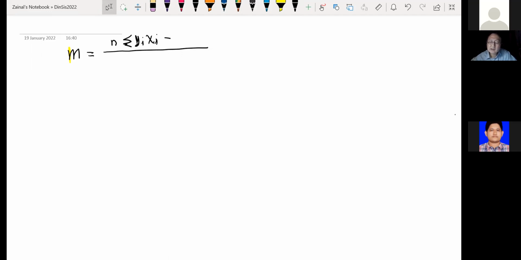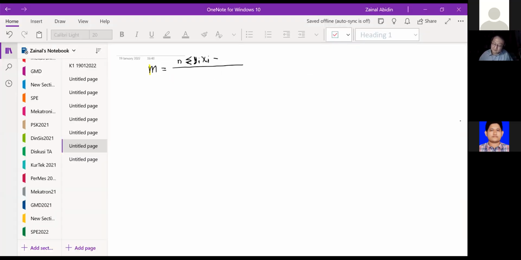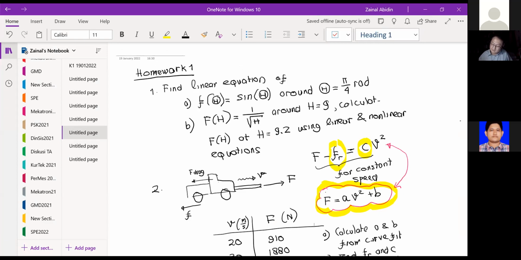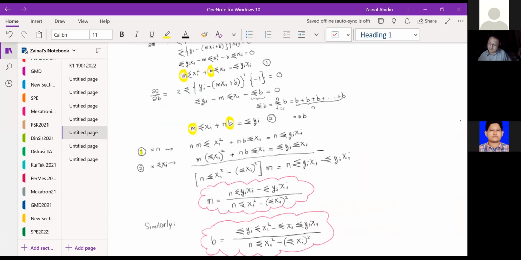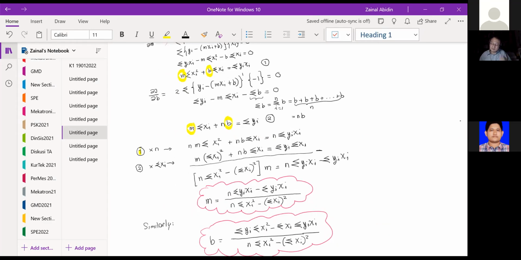Salah ini sebentar. Ini saya ada yang salah nih persamaannya sebentar. N minus 1 kalau gitu ya, yang atas ini.